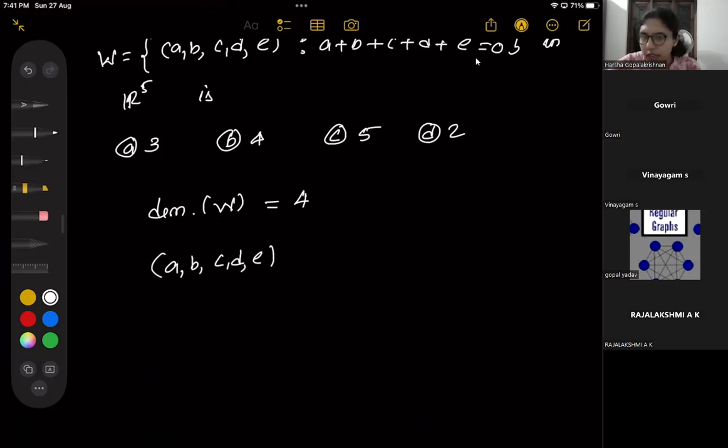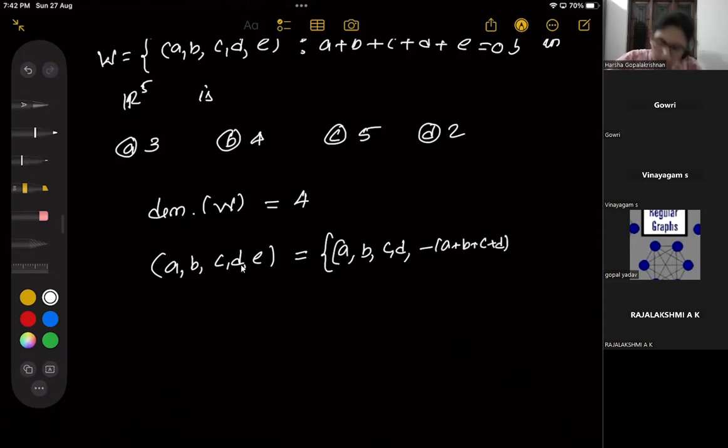One of the variables we can write in terms of the other 4 variables. Nothing else we can do. For example, E we can write as minus of A plus B plus C plus D. So we only need 4 variables to get the whole W. This is actually A, B, C, D, and instead of E, we write minus (A plus B plus C plus D).